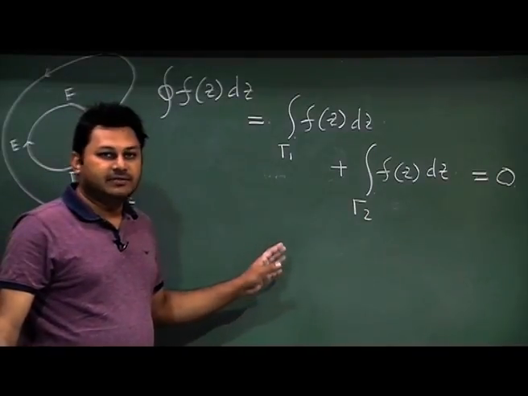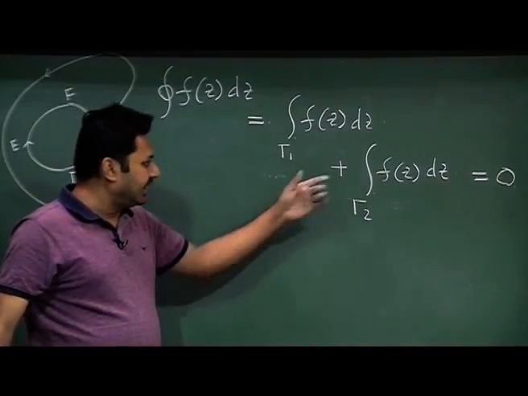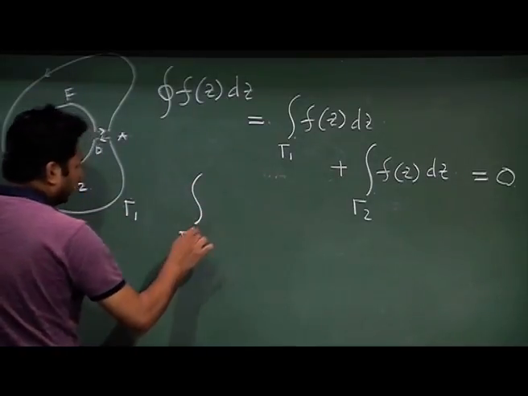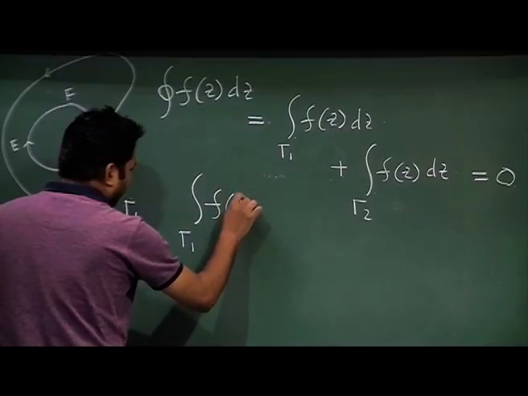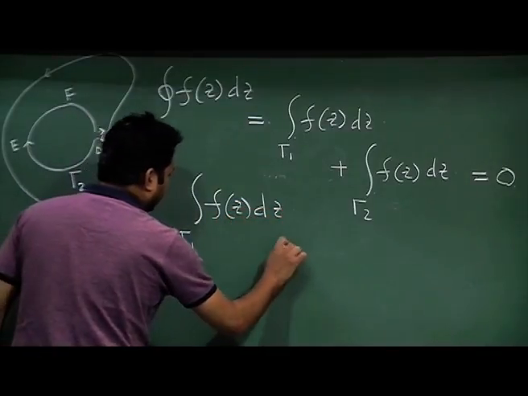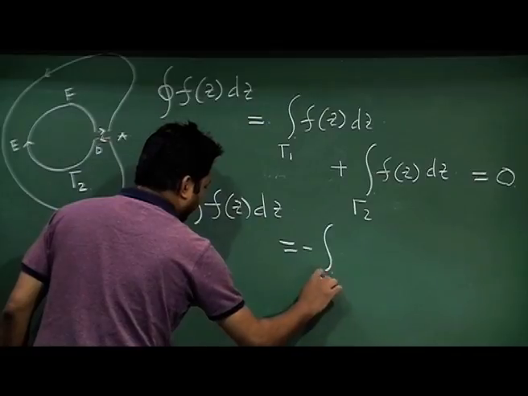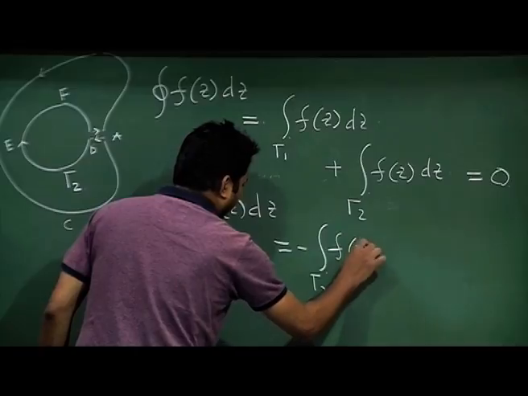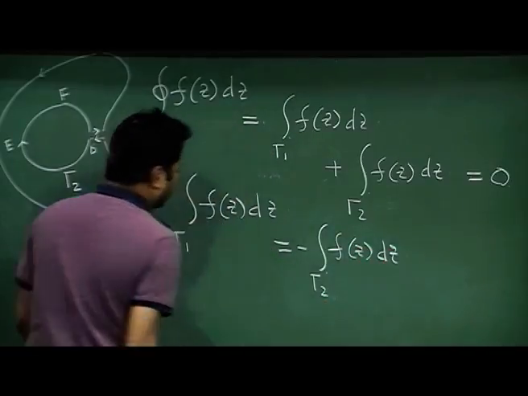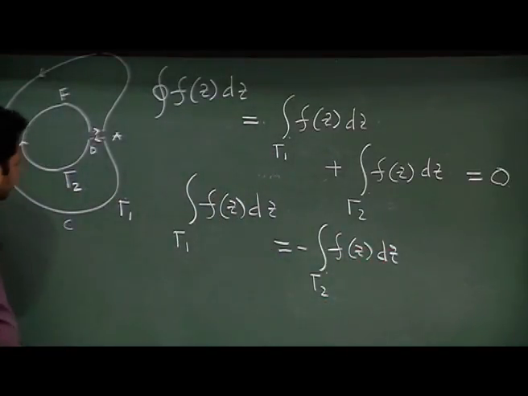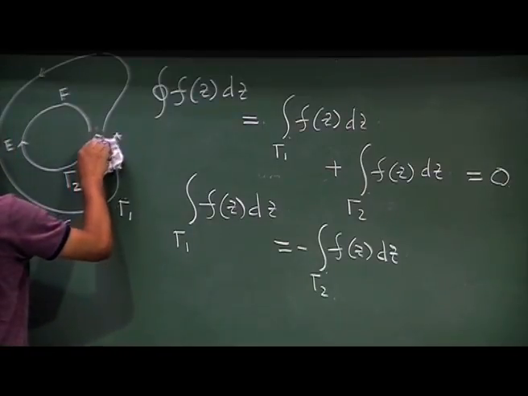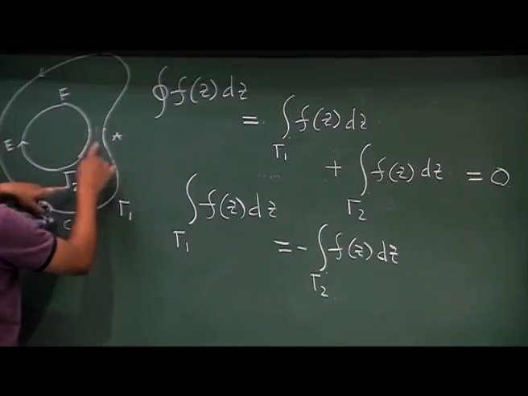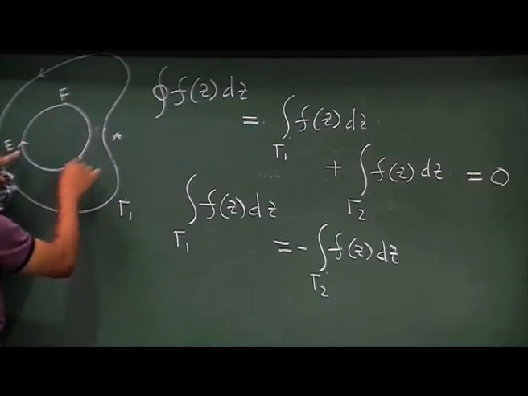Now, if this is the case, then I can write the integral over gamma 1 of f(z) dz is equal to minus the integral over gamma 2 of f(z) dz. How will the picture look here? Let me erase this. So, initially this was the picture. Gamma 1 is in this direction, gamma 2 is in this direction.